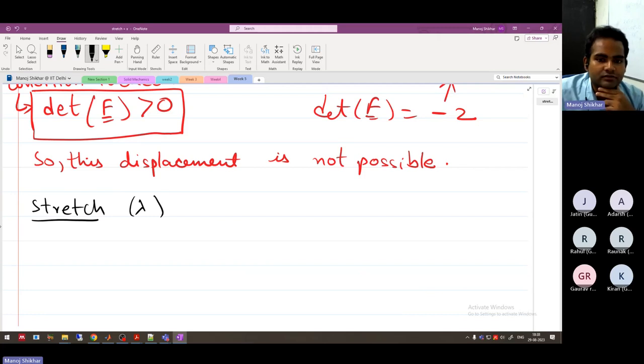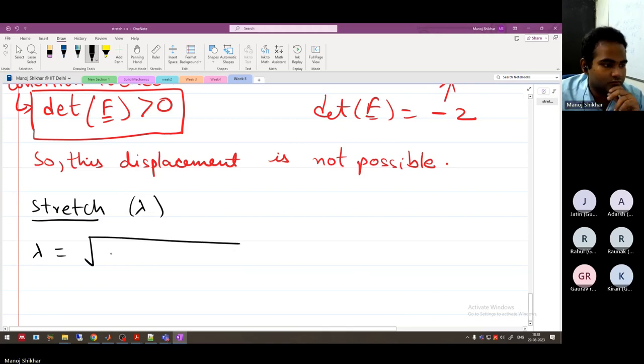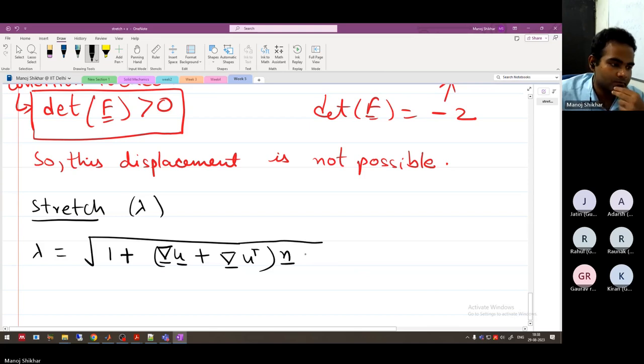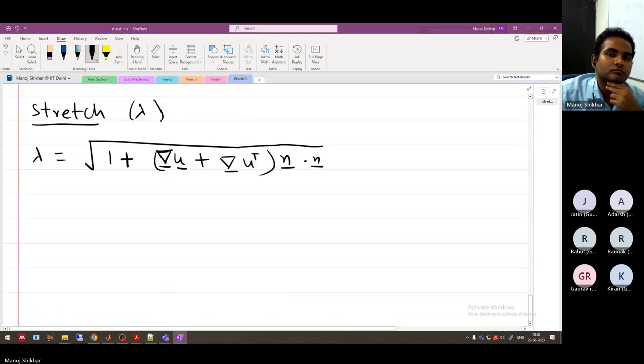So the formula for stretch is lambda equal to square root of one plus gradient of u plus gradient of u transpose. So this is the formula for stretch.